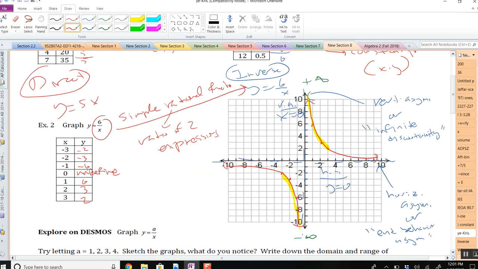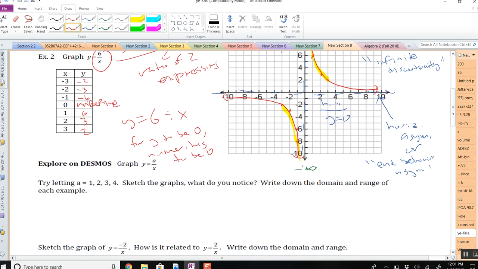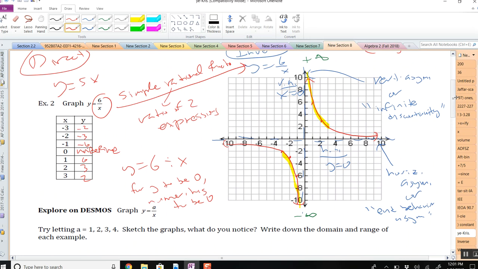So in this case, obviously y is not going to equal 0 because you're doing 6 divided by x. For y to be 0, the numerator has to be 0. But remember, our numerator is a constant at 6. That's part of the inverse variation situation where your numerator is a constant. So obviously that's not going to happen, so we're not going to get 0, but that's not the real reason why.